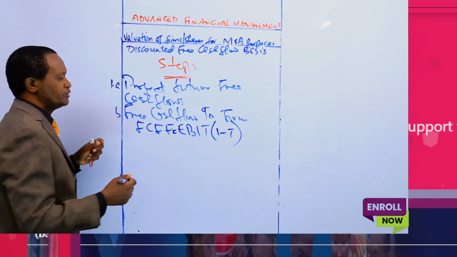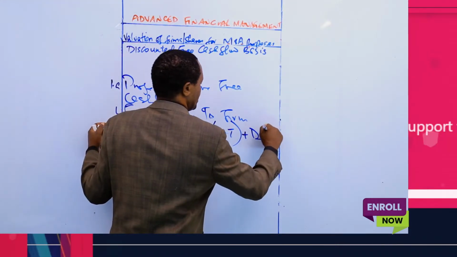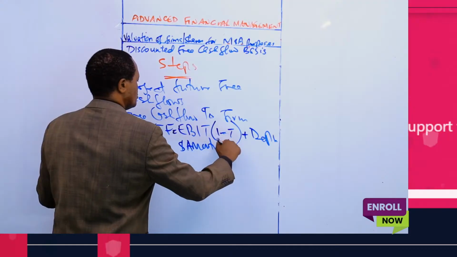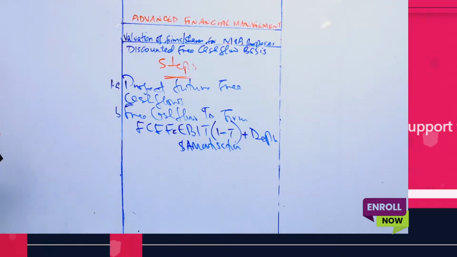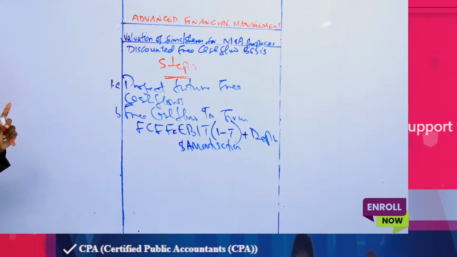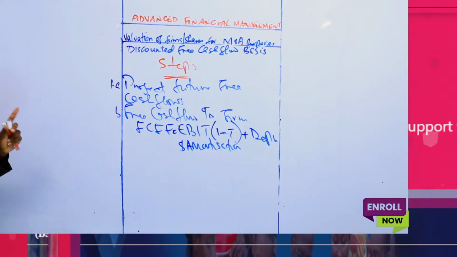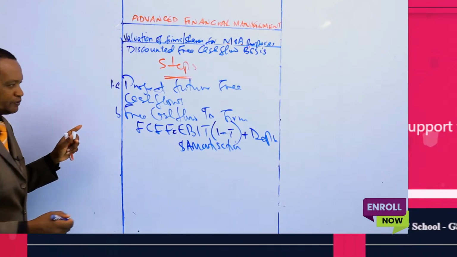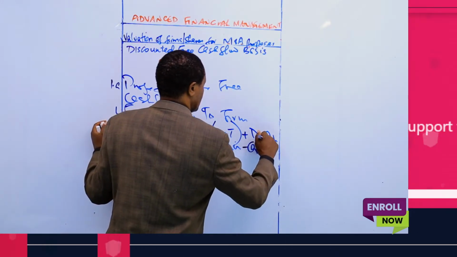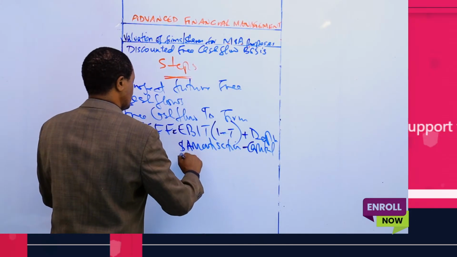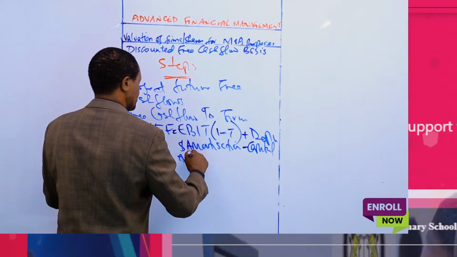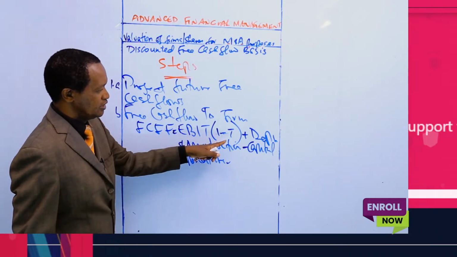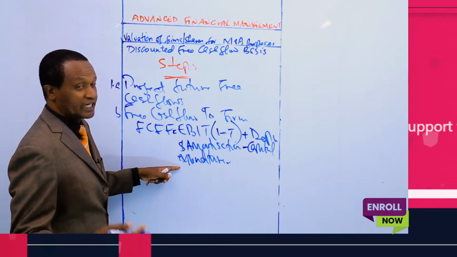You add depreciation and amortization. Then you deduct the capital expenditures. Earnings before interest and tax times 1 minus t plus depreciation and amortization minus the capital expenditures.